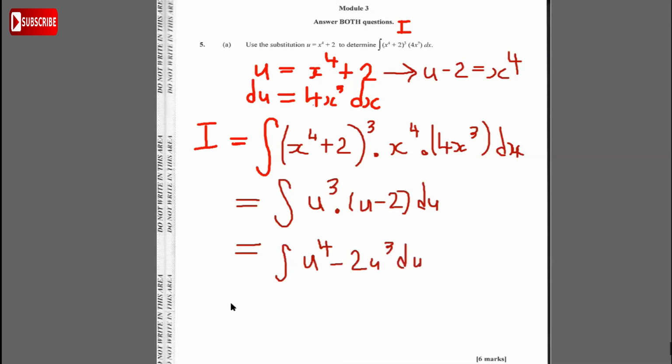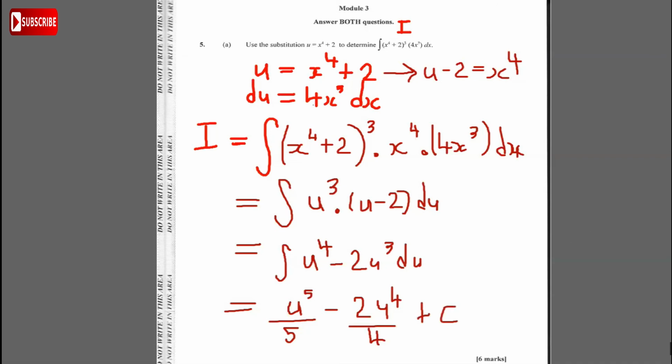So all I do is add 1 to the power to get u to the 5th, divide by the power of 5, minus 2 times, add 1 to the power to get u to the 4, divide by the power of 4, plus some constant c.